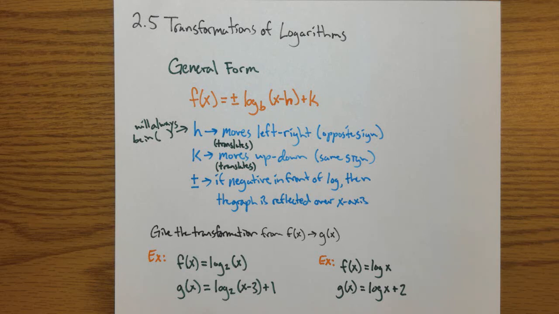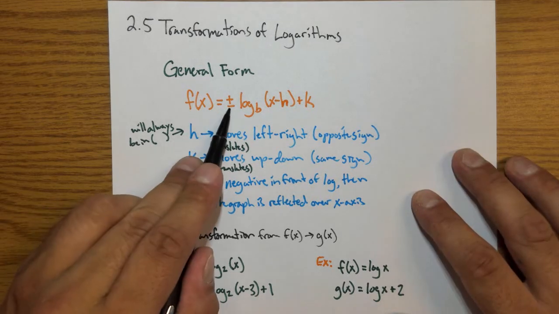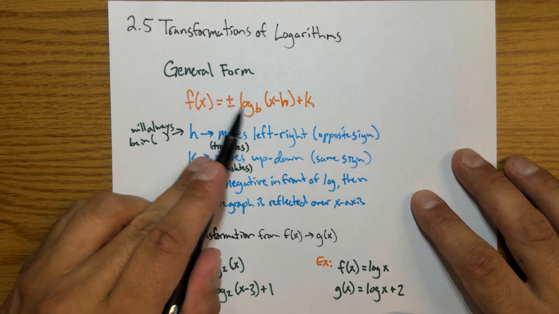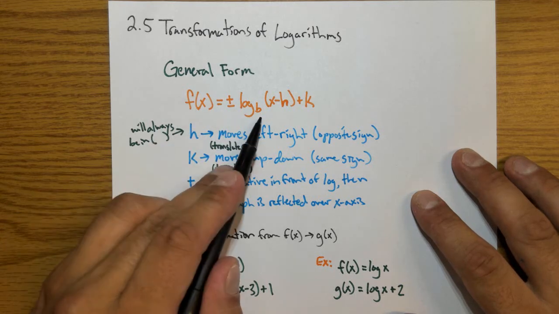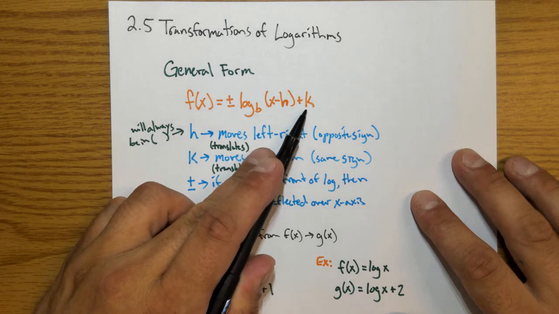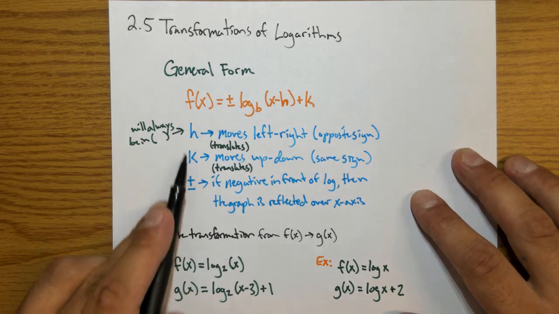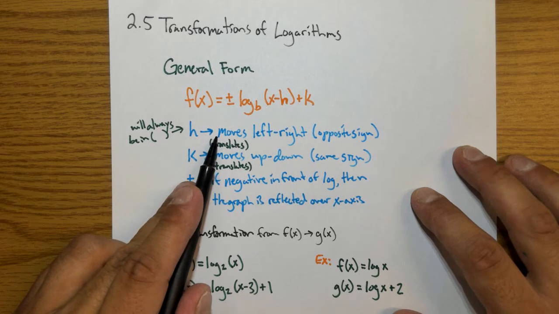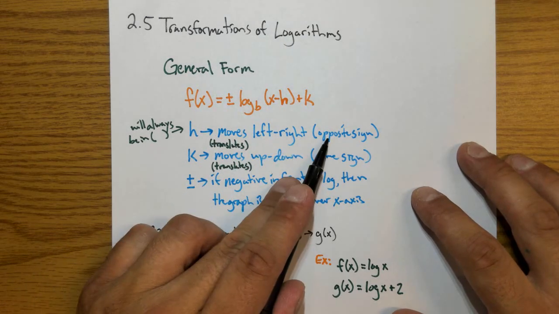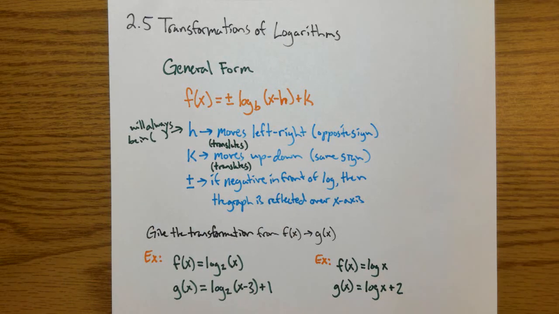So this is the general form. We have some plus or minus. If it's plus, you won't see anything, but sometimes you see a minus log, so I just wanted to include that. Log base b of x minus h, plus k, where, remember our friends h and k. H, if we remember from last unit, moves the function left to right, and it's the opposite sign. That's the same case with logs as well.